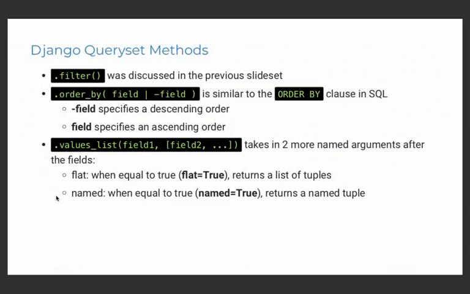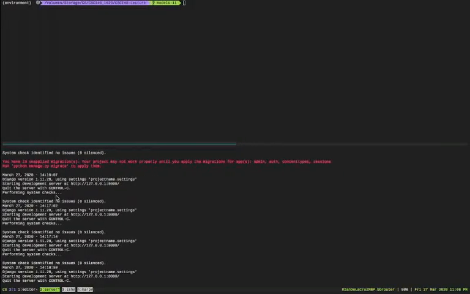So basically your query set would contain a list, and inside that list each index would be a tuple, and then the tuple would have the values that are specified. If you say true to the named argument as well, the tuple would be a named tuple, meaning instead of just, say, a list that looks something like this.